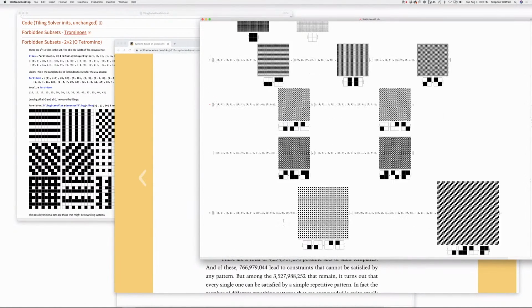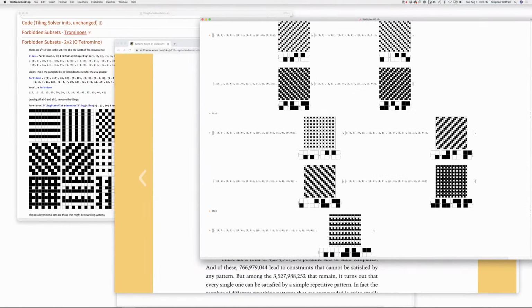I think I have an example of that someplace here. Oh, maybe I did that when I was showing this in a different context. Let me pull that up. Yeah, here we go.